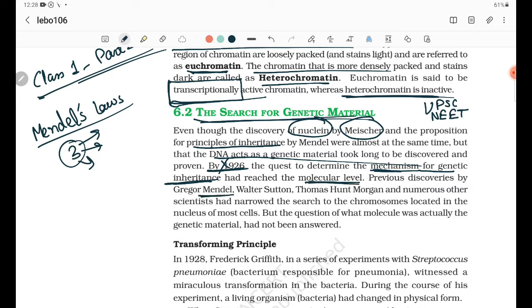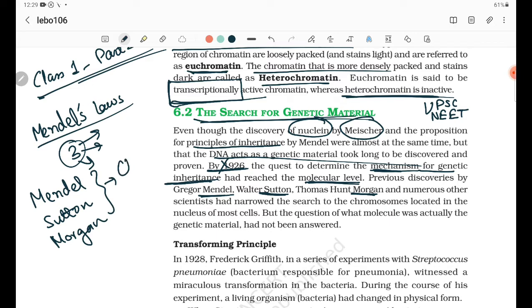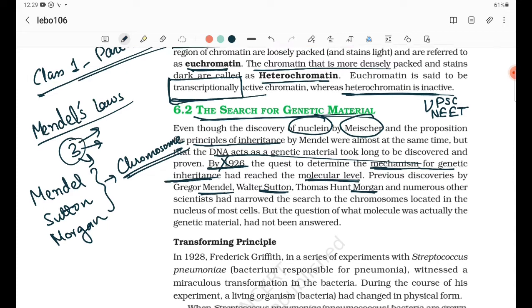Previously, Mendel, Sutton, Morgan and numerous other scientists had narrowed the search to chromosomes located in the nucleus, but the question of what molecule was the genetic material had not been answered. These three names, Mendel, Sutton, Morgan, narrowed the genetic material search to the chromosome, but what molecule was the genetic material was not answered.